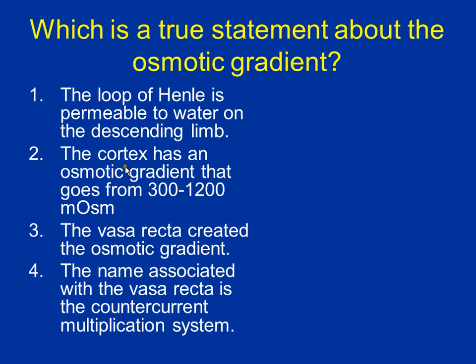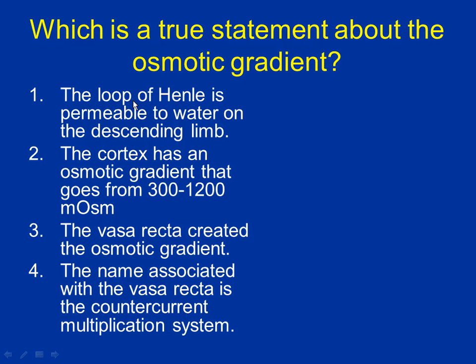So if I were to ask you something about this, which is true about the osmotic gradient? Which is the true statement about the osmotic gradient? How about number 1?